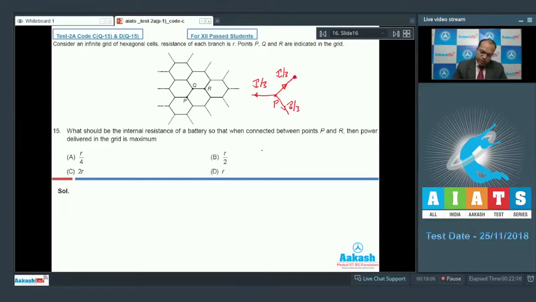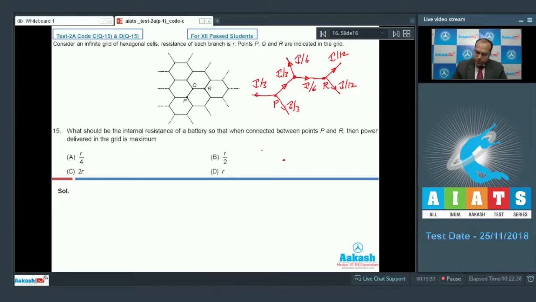At point Q, this current gets further divided. I by 6 goes in this way, I by 6 here. At point R, it gets further divided, I by 12 and I by 12.